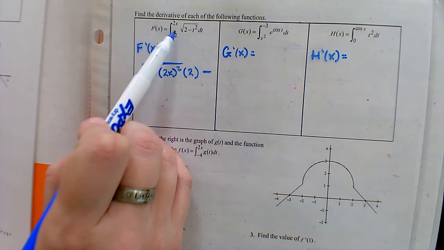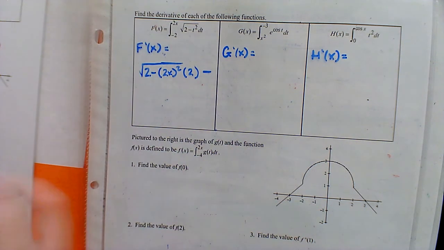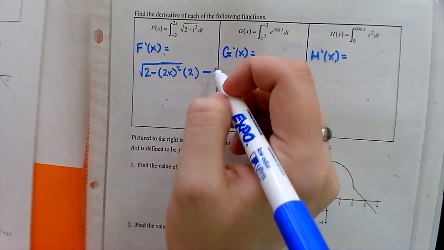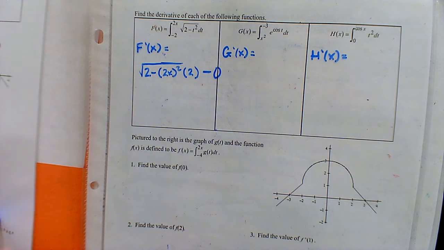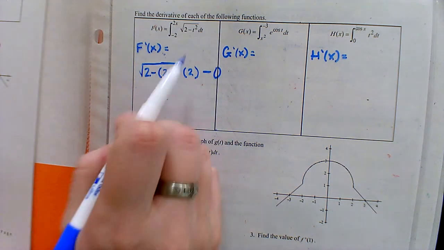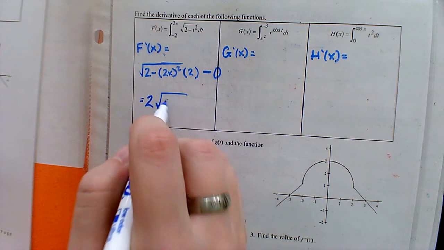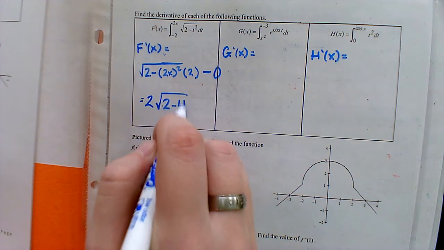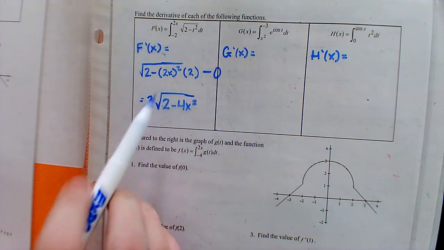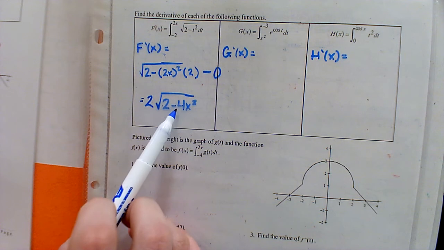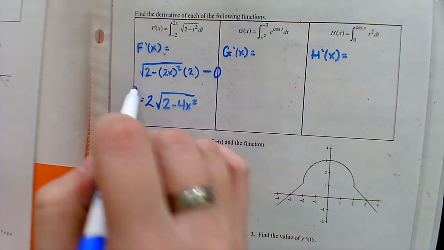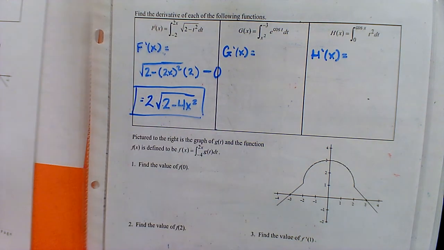It's going to be 0 because the derivative of the bottom bound is 0, and 0 times anything else is going to be 0. Okay, so we've got minus 0. So in the end, if we want to move that 2 out front, we'll have 2 square roots of 2 minus 4x squared. 2x squared, you can square the 2 and square the x. There's the derivative of capital F.